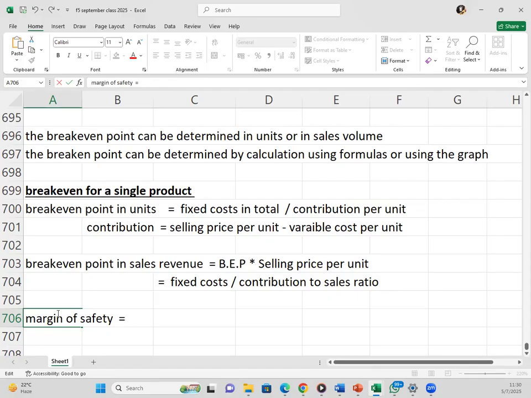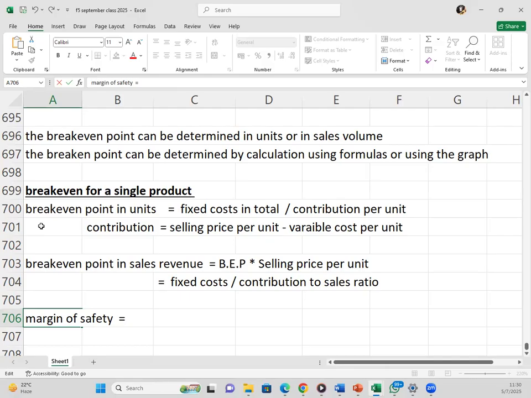If you produce above the break-even point, you are safe as a business. But by how many units?